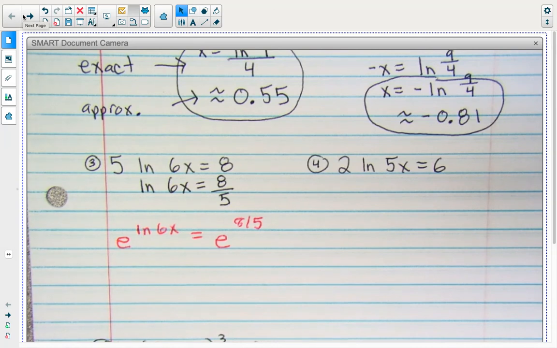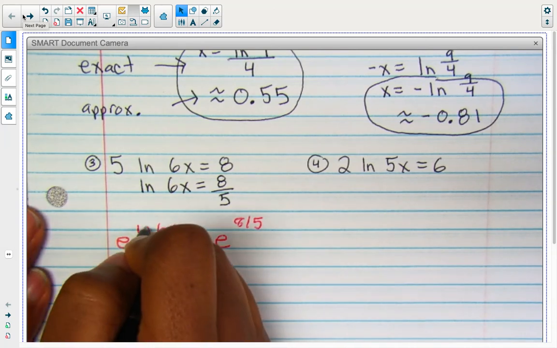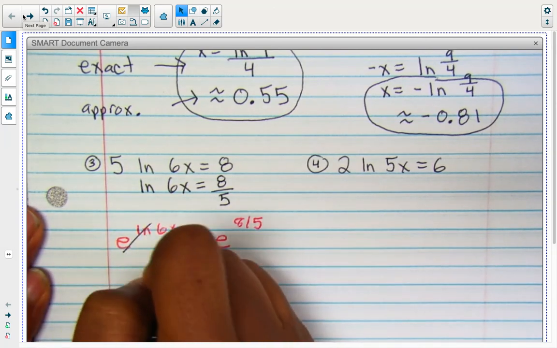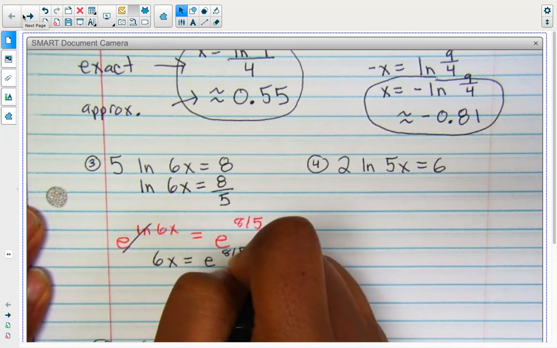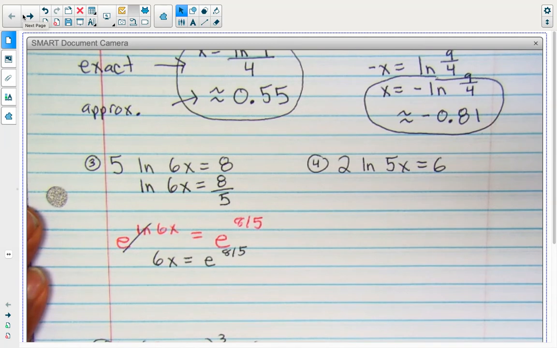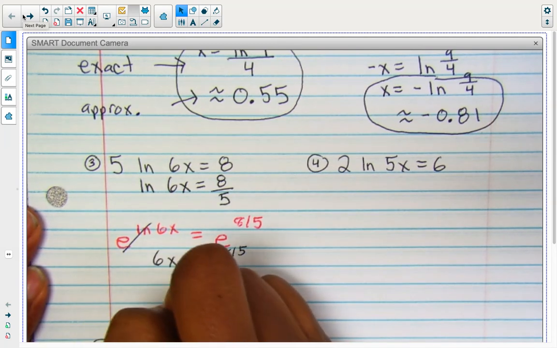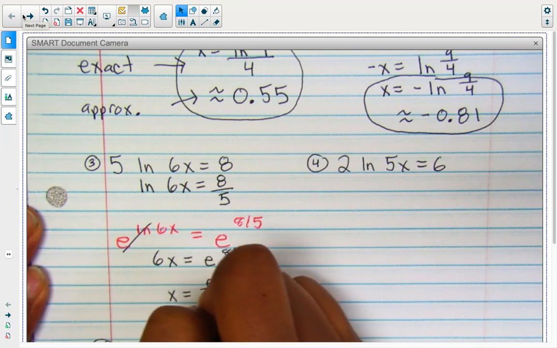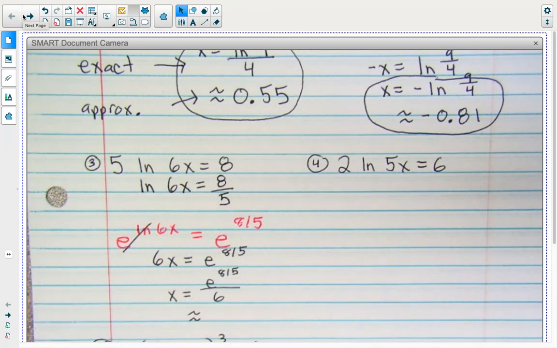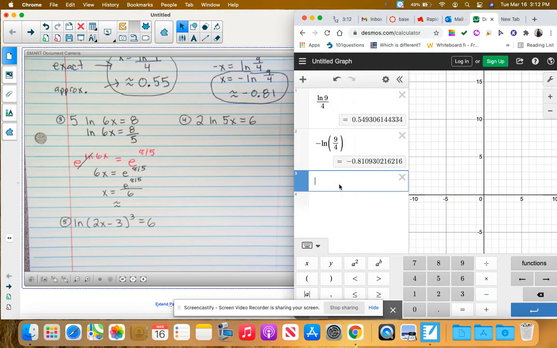Now we'll go through. e and natural log are inverses of each other. So we have 6x equals e to the 8/5 power. And the opposite of multiplying by 6 is to divide. So x equals e to the 8/5 all divided by 6. And we'll do our thing over here in Desmos.